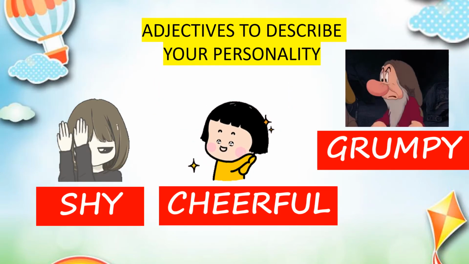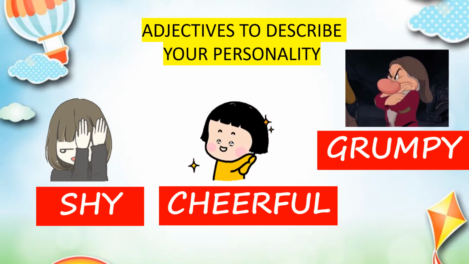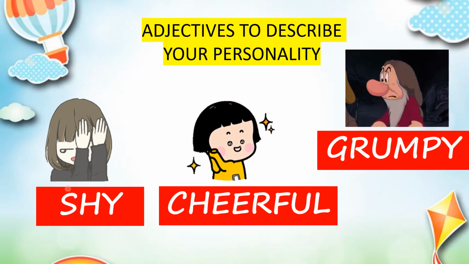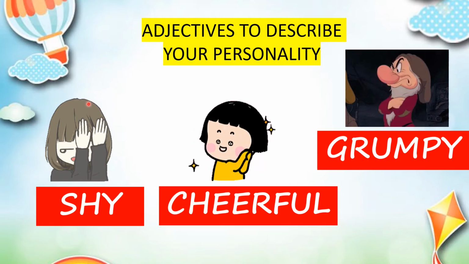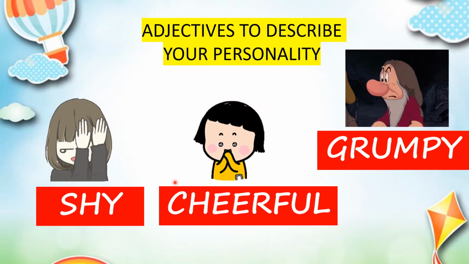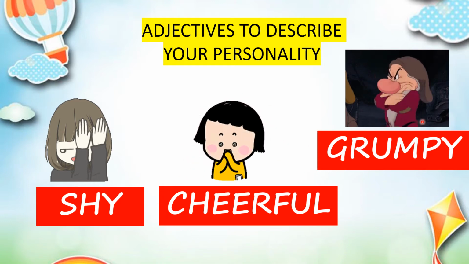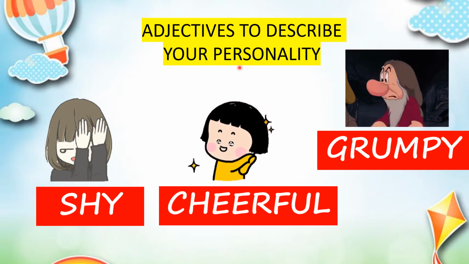Use some vocabulary referring to adjectives to describe your personality. For example, we have here the first one, shy. As you can see in the picture, it means tímida. Cheerful, alegre. Grumpy, enojado.